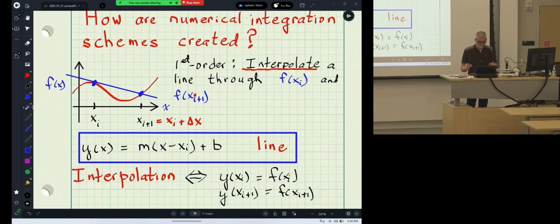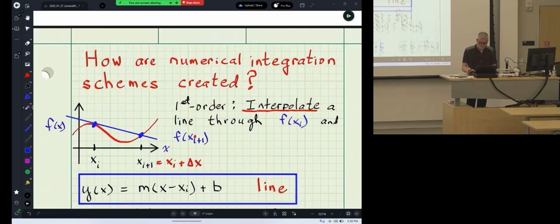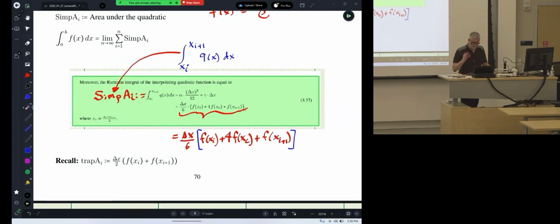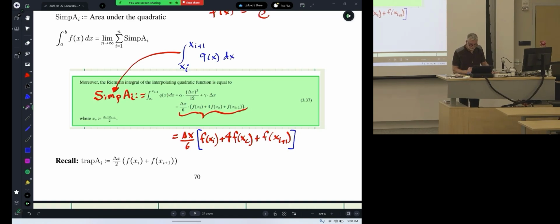Okay. Is there a follow-up? Yeah, they just want to know if they could integrate the quadratic itself instead of doing Simpson's rule. I see. So Simpson's rule is this. You can. Once you fit the quadratic, this is Simpson's rule. It is the result of integrating the quadratic, and that's what we're going to go through right now to see the relationship between those two.